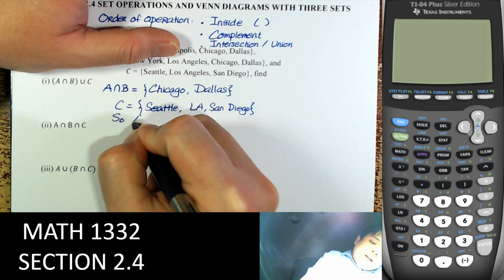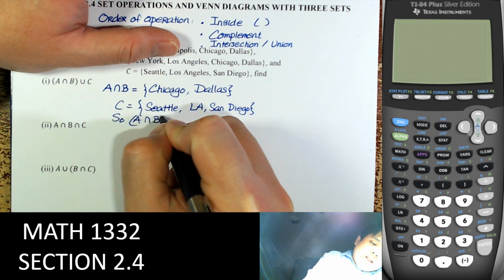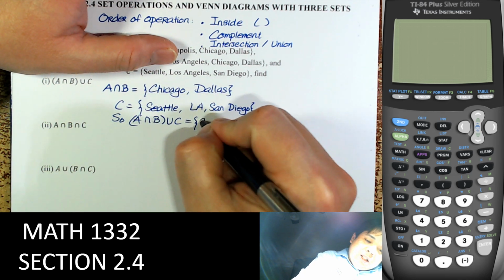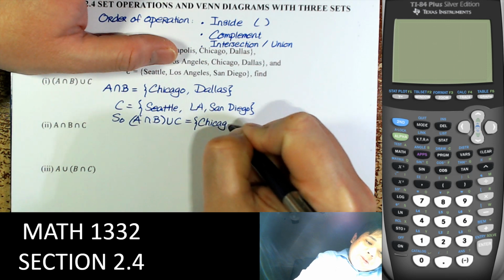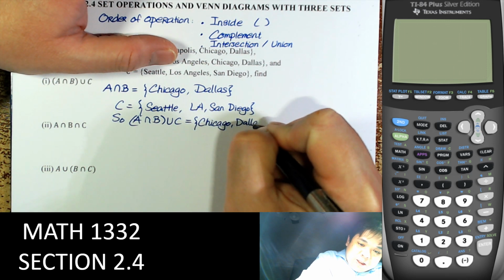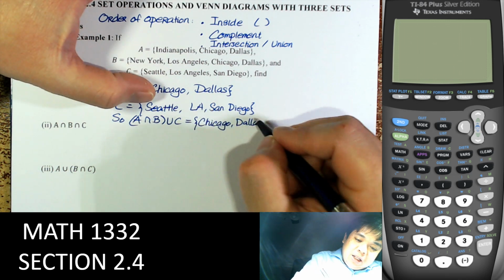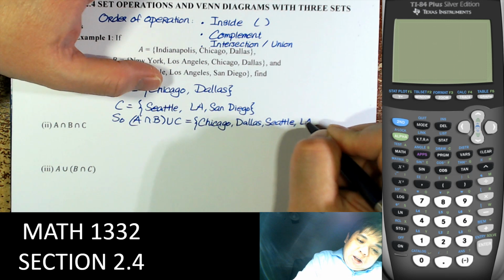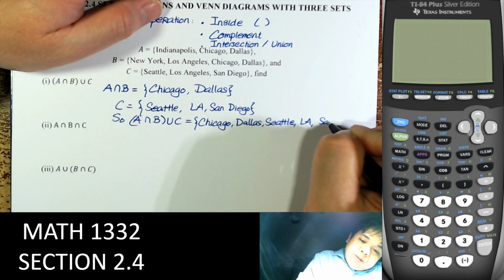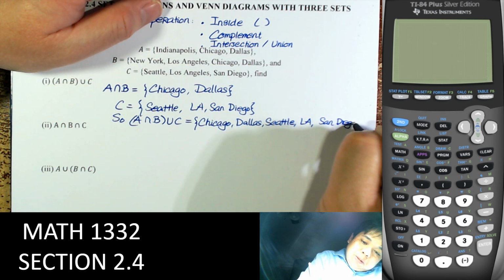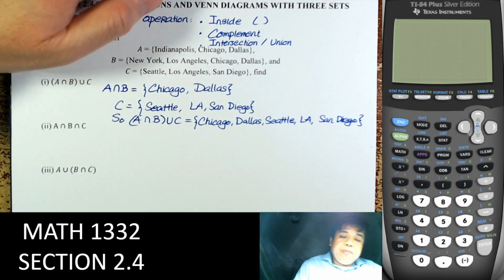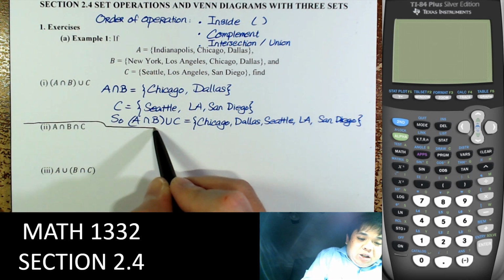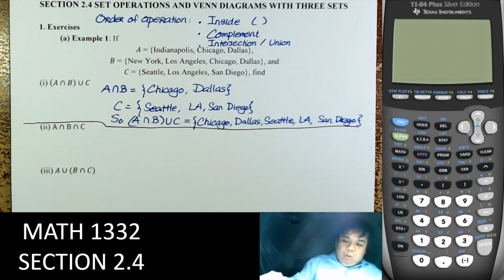So we have A intersect B, and then union with C, is going to be in A intersect B, Chicago, Dallas, or in C, LA, and San Diego. So that's the first one. We just do the operation of two sets and then combine with what's left.